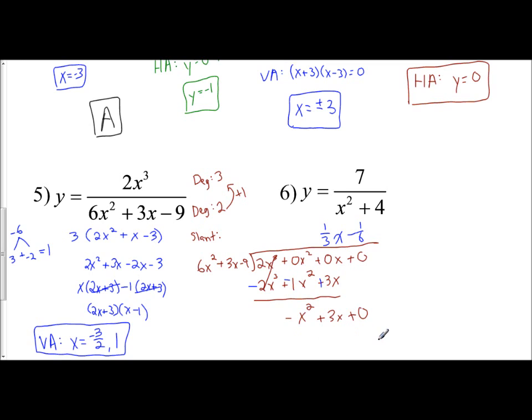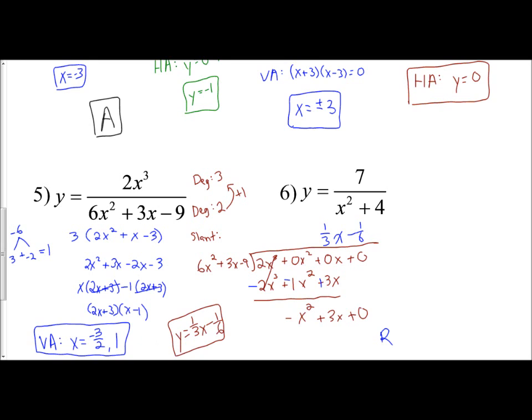So whatever I get here when I do the distributing, it's going to give me my remainder. So there's a reason why you line your x squareds above your x squared, your x's above your x's, your constants above constants. It lets you know when you're done and you don't have to go further when doing the slant asymptotes. So my slant asymptote is represented by the equation y equals 1/3 x minus 1/6.